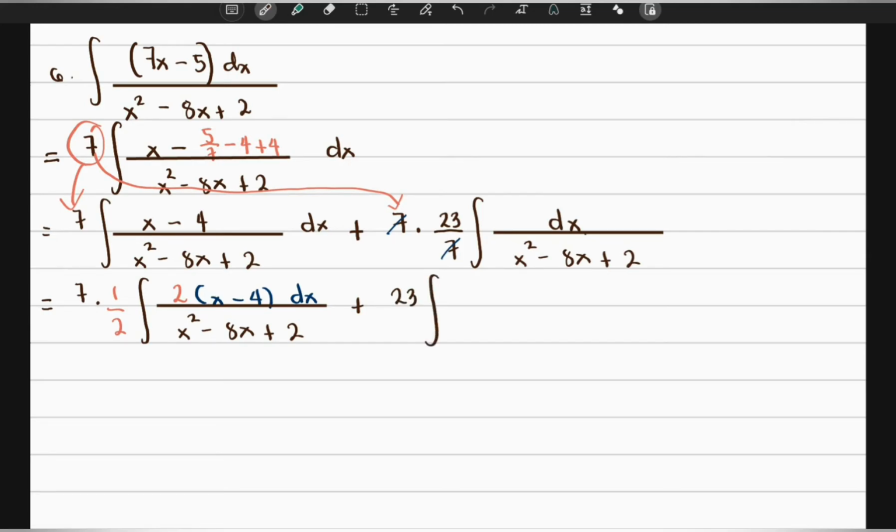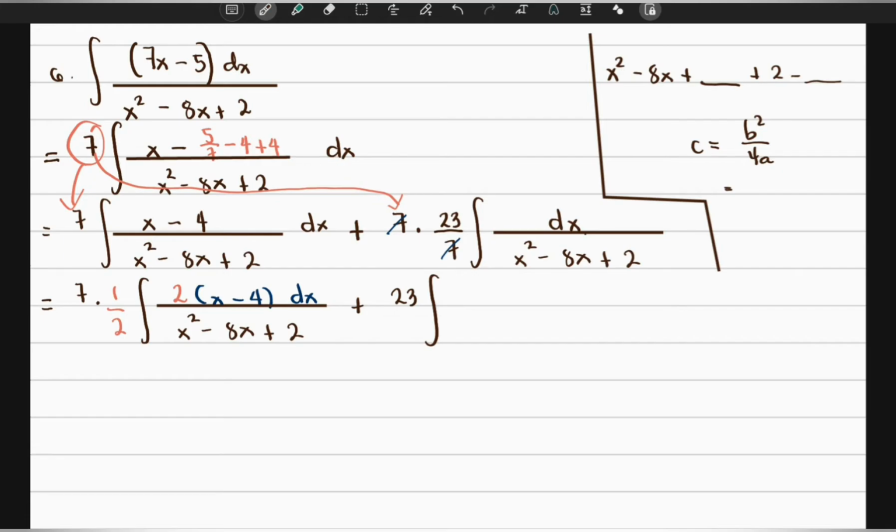Ayan. So, dito sa part na to, we are going to complete squares. So, dito ko na lang gagawin sa scratch area. Okay. So, we have x squared minus 8x plus 2. So, gagawin natin plus blank plus 2 minus blank. So, complete squares tayo. From the formula, c is equal to b squared over 4a.